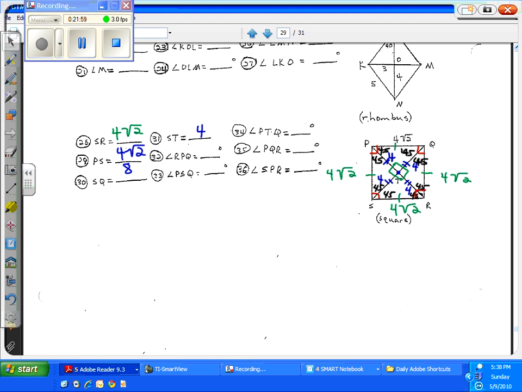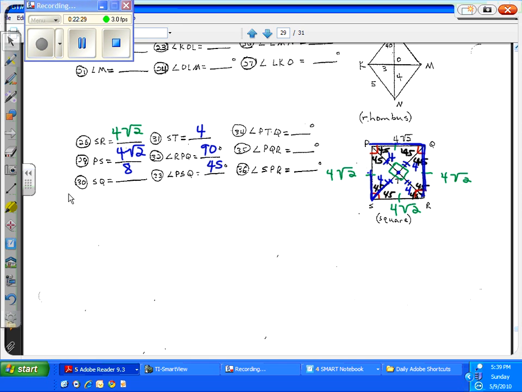Angle RQP is an angle of the square, and each angle of a square is 90 by definition. Angle PSQ is half of an angle. Each diagonal bisects a pair of opposite angles in a rhombus, and a square is a rhombus, so that's 45 degrees.